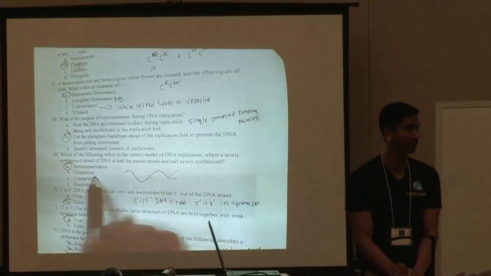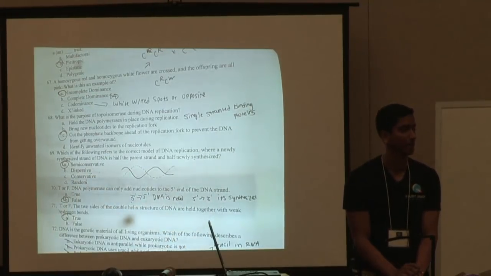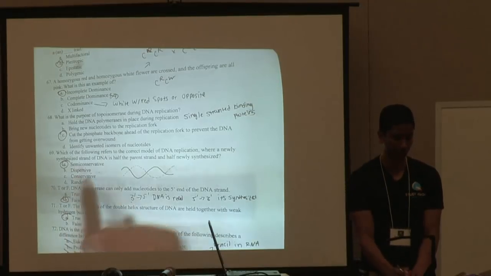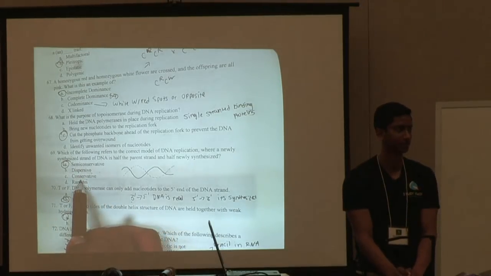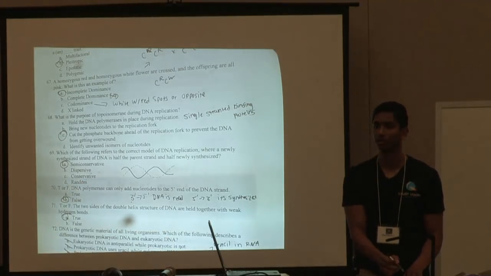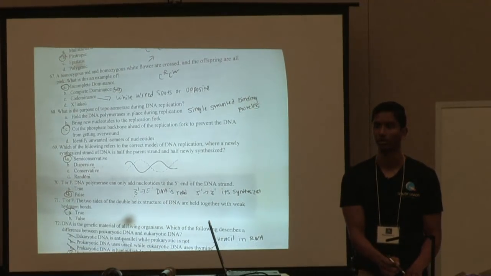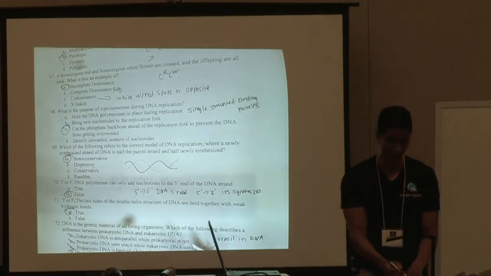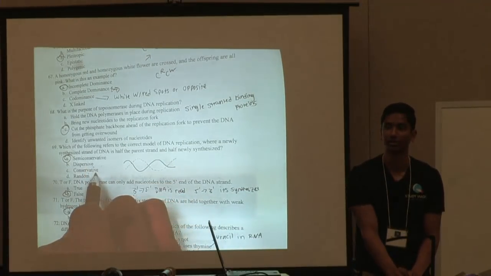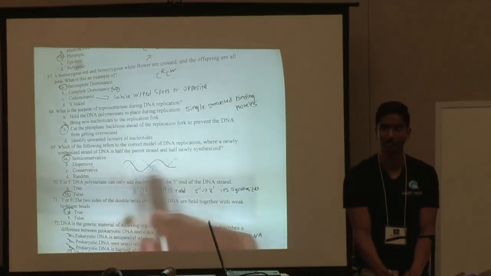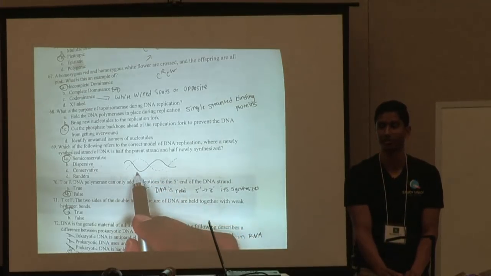Otherwise, I'm not going to go over it. What about conservative? I would recommend knowing what conservative is. So conservative would just be this whole thing completely replicated just like that. It's the same thing.